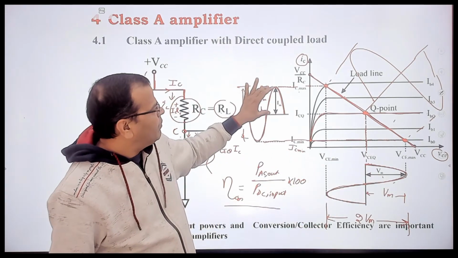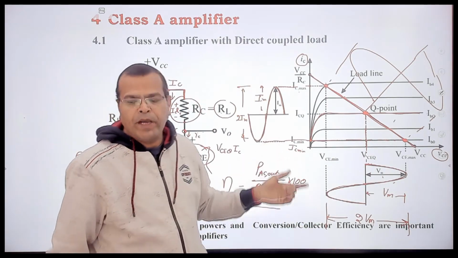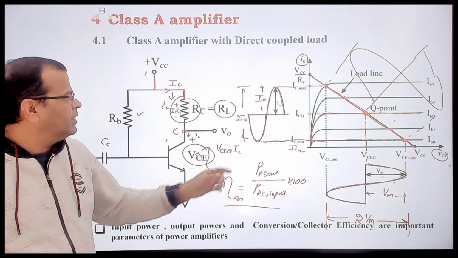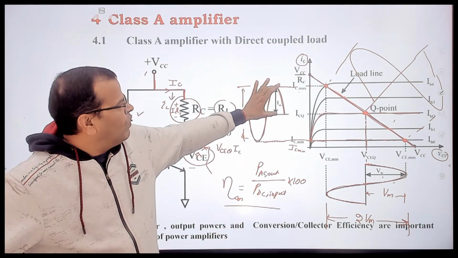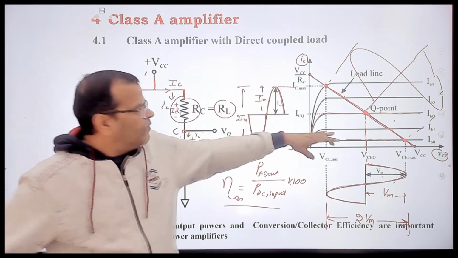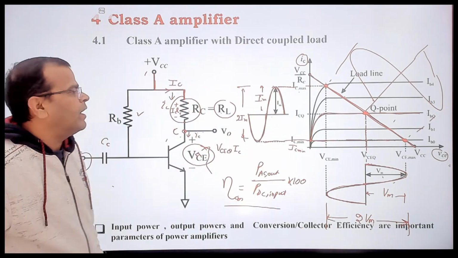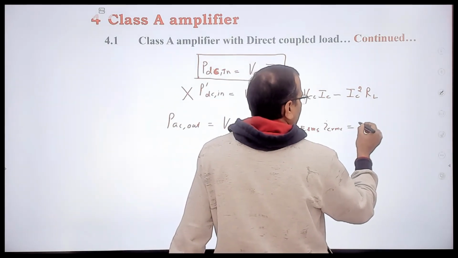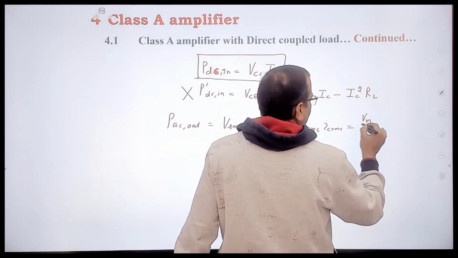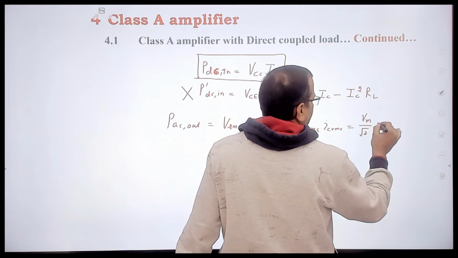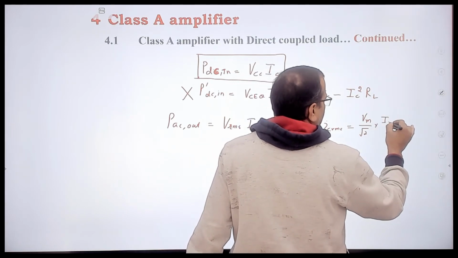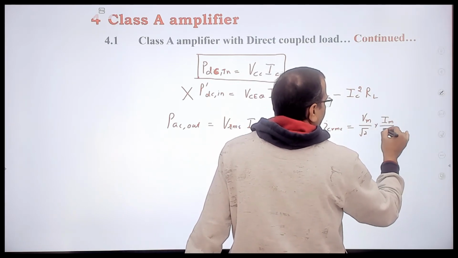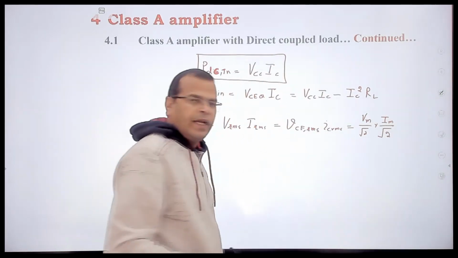Similarly, if Im is the peak value of the collector current, ICRMS will be Im by root 2. So we can find the RMS values in terms of peak values like this: Vm by root 2 multiplied by Im, the peak value of the collector current, by root 2, right?